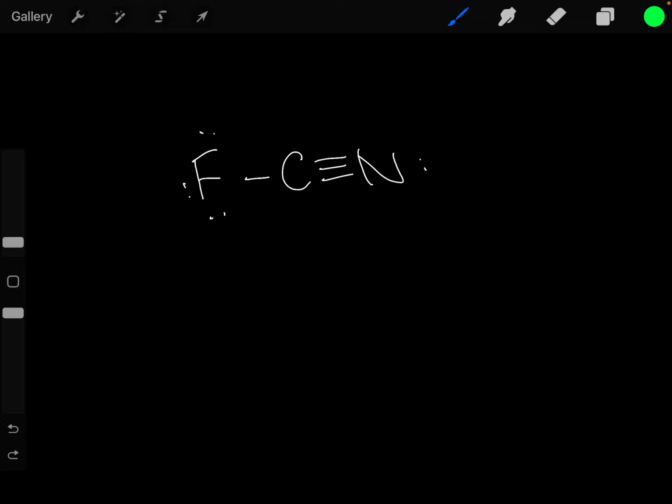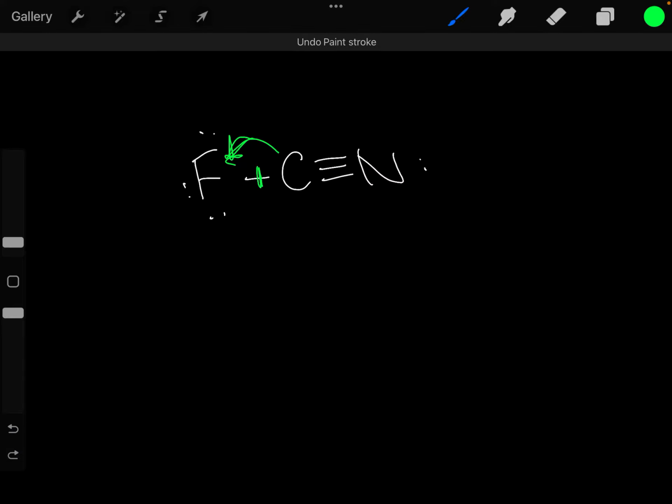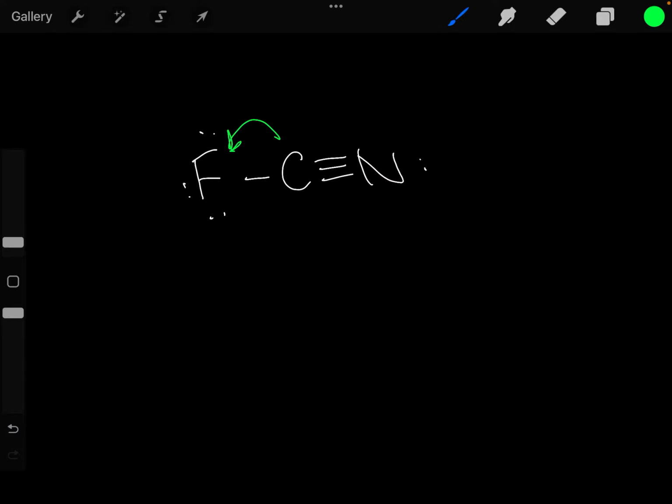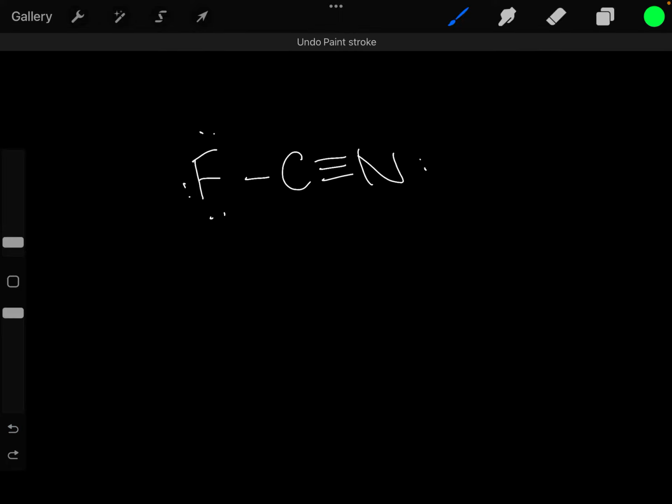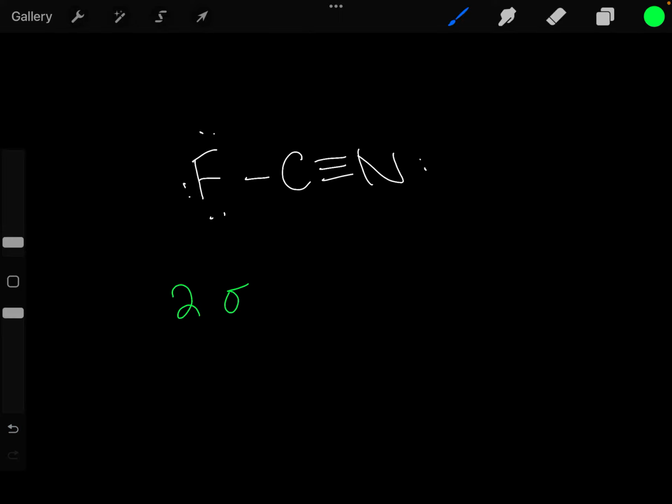So we have one connection to fluorine and one connection to nitrogen. So this will be 2 sigma bonds.